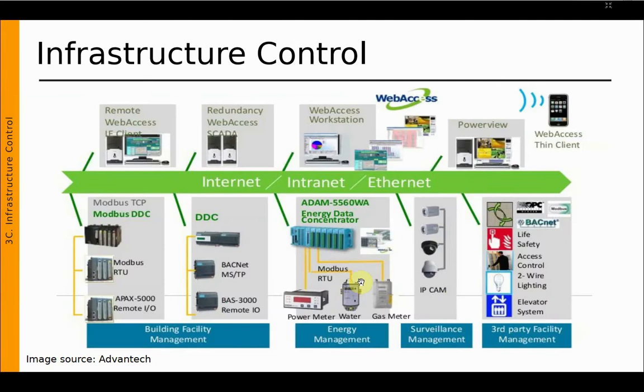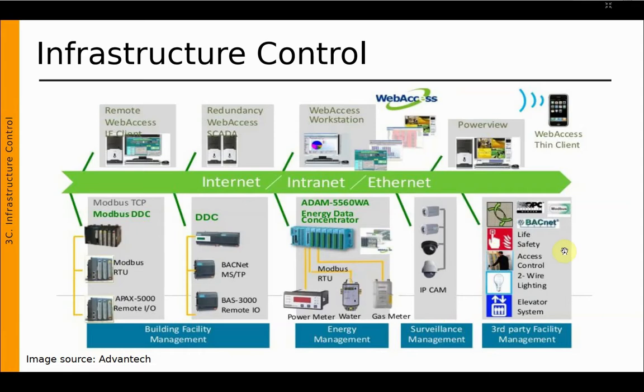Okay, we have a diagram or architecture for infrastructure control. Here, we can see that the building management system consists of DDC that uses the BACnet protocol, and sometimes the Modbus TCP protocol, and sometimes the Modbus RTU protocol, and also another one, we can use an IP camera to integrate into the building automation system.